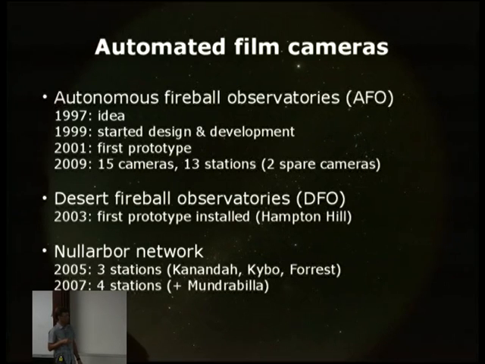So a year later Phil Bland ordered 3 more cameras, so eventually we had 3 stations in 2005 and 4 in 2007. And all these cameras are still sitting in Nullarbor and working. Actually, we switched to the mode of operation where we have 3 running and 1 spare in Perth.